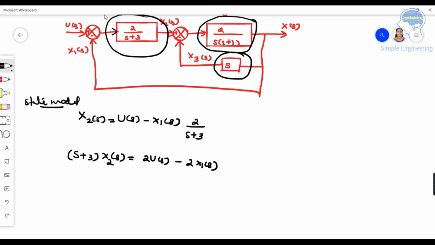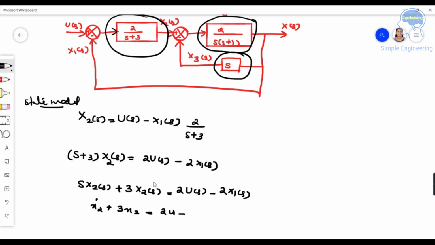From this we can write s into x2 of s plus 3x2 of s is equal to 2u of s minus 2x1 of s. So s into x2 of s means x2 dot, plus 3x2 is equal to 2u minus 2x1. This is equation number 1.